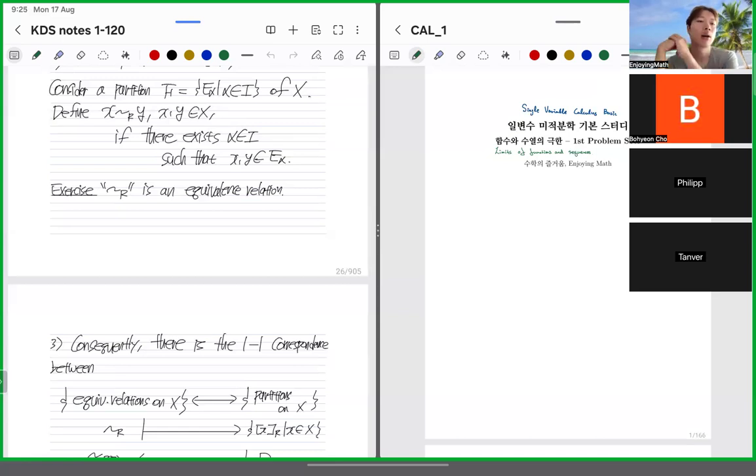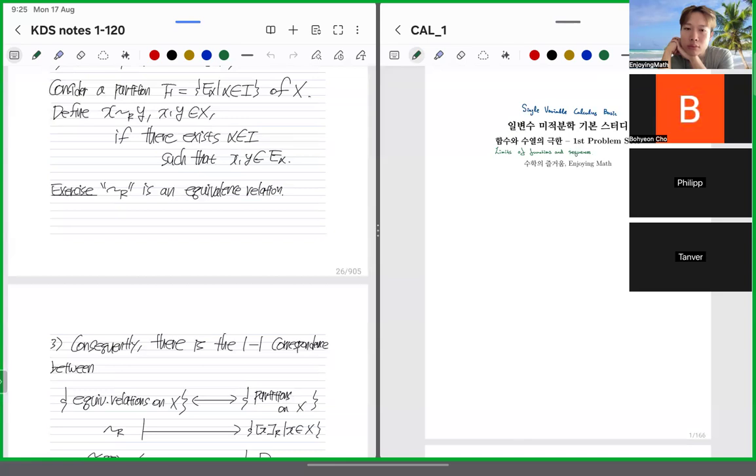Maybe it needs a little bit of clarification. I'm wondering for myself: let's say we pick two elements from E alpha. Can you find an example where x is related to y, but y is not related to x?